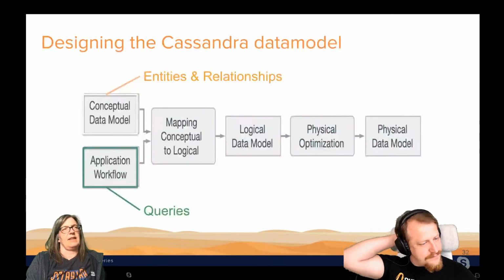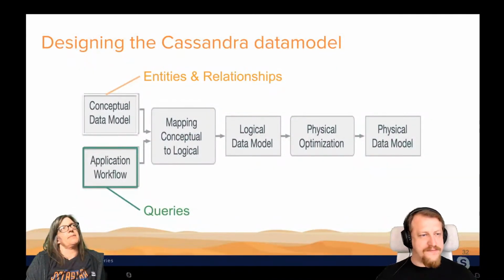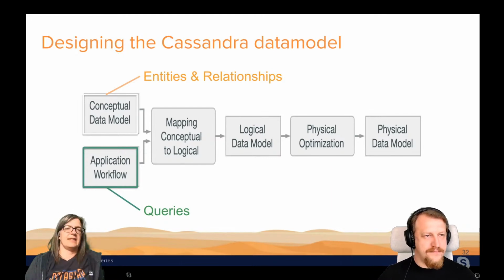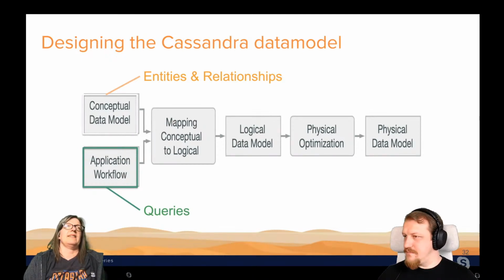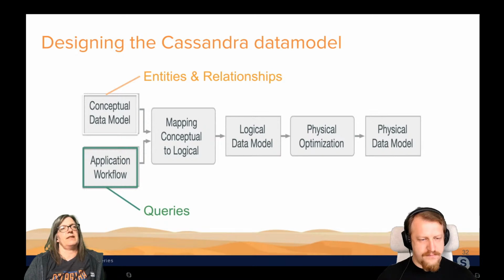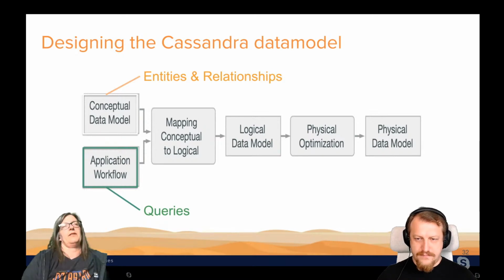And in Cassandra, if you haven't used Cassandra before, I think it's a very, very important rule that you want to be very clear about the queries and the data entities and the relationships before you start modeling your data. So you want to basically construct your Cassandra tables so that they optimally serve your queries.